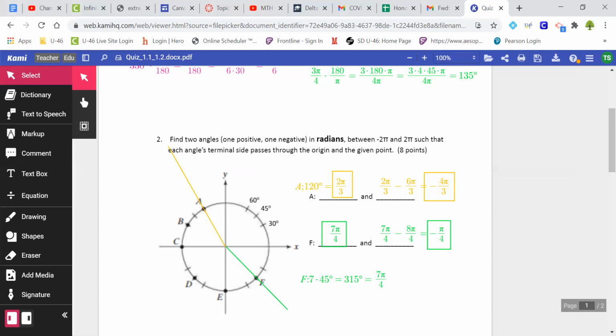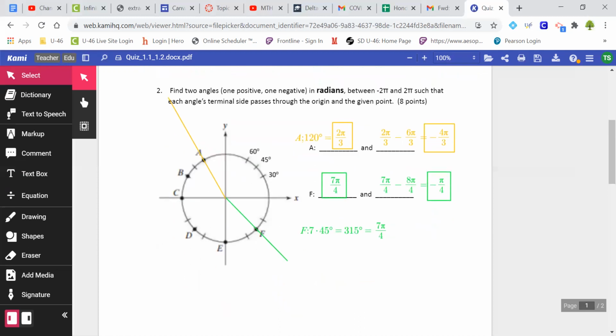For letter F, notice F is in between these two, so it's a 45. 45 degrees plus another 45 degrees, a third 45, a fourth 45, a fifth 45, a sixth 45, 7 45s. So to get all the way here, I had to rotate 7 groups of 45.